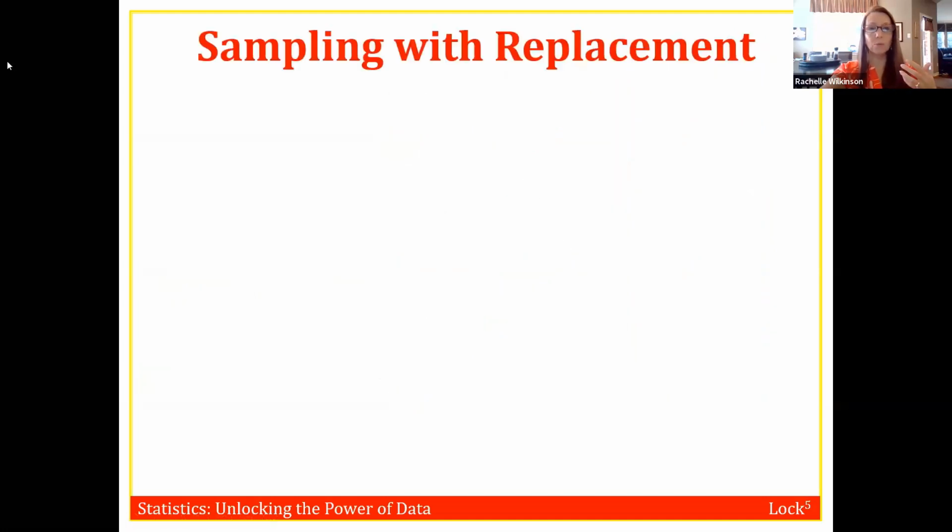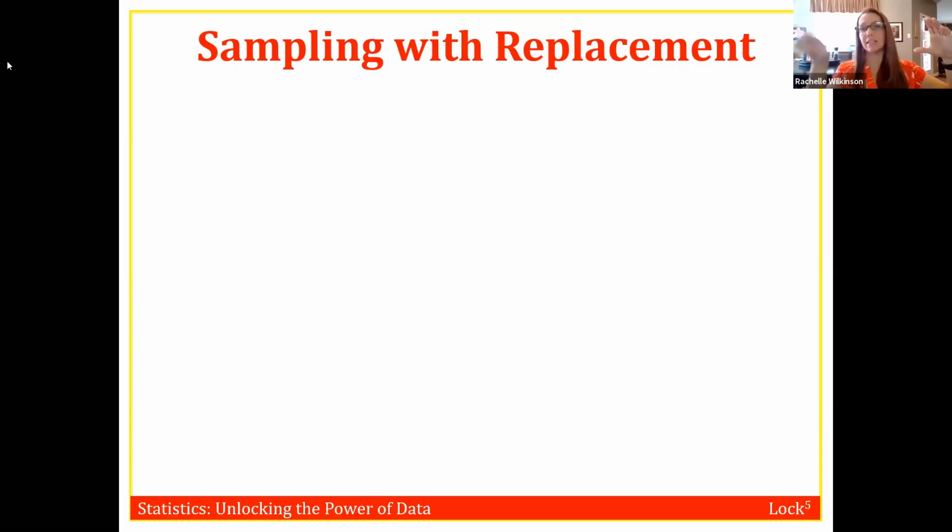By sampling with replacement, we start with our original sample, and whatever the size of our original sample is, that's what we want to make our bootstrap sample. So if my original sample size was 6, then my bootstrap sample also needs a sample size of 6. I pick a person from my original sample, write down their value, put them back in, select again, write down that value, put it back in.